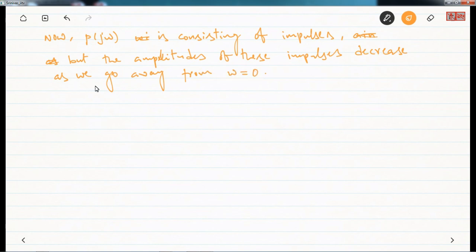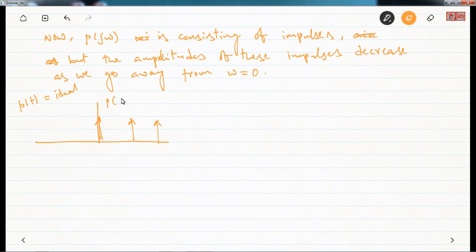In the previous case, when p of t was ideal impulses, we had p of j omega as something like this.